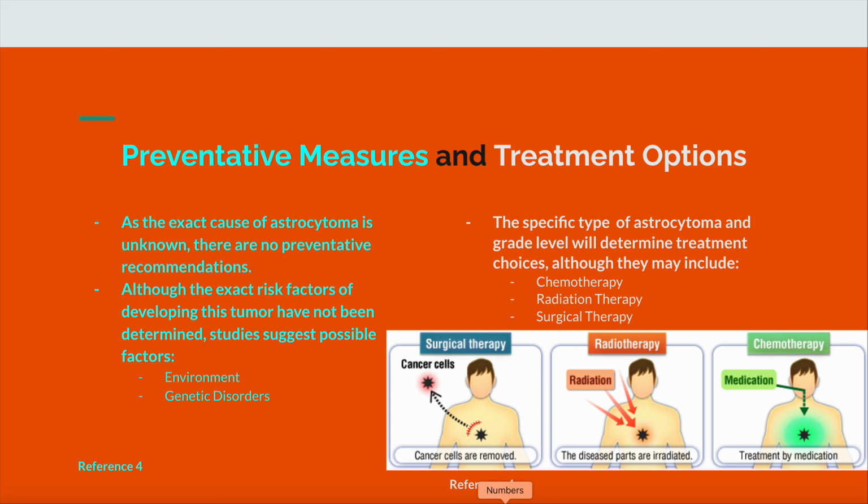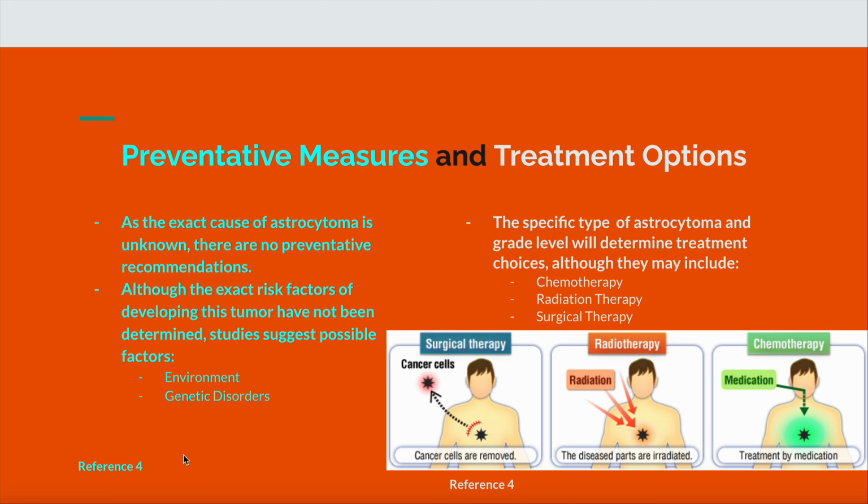Both of these work to try and help shrink the tumor. As for surgery, this includes removing the tumor, and many surgeons try to do a gross total resection if possible. If it is a low-grade tumor, surgery may actually be the only treatment option required, but all three therapeutic approaches may be required if the tumor is higher grade.